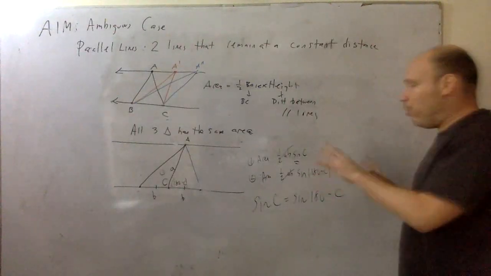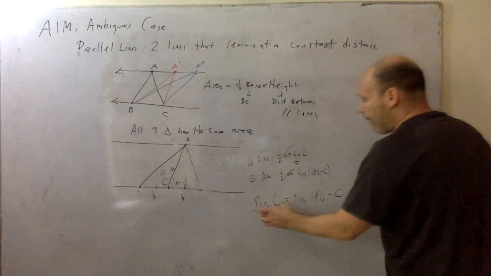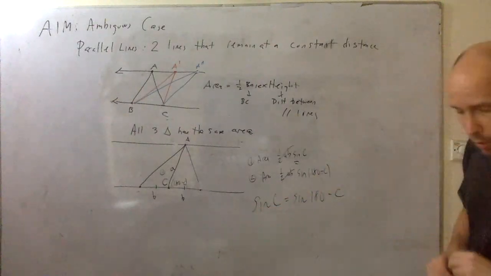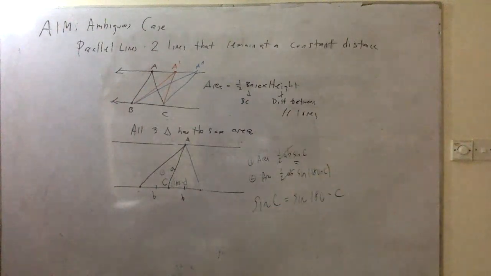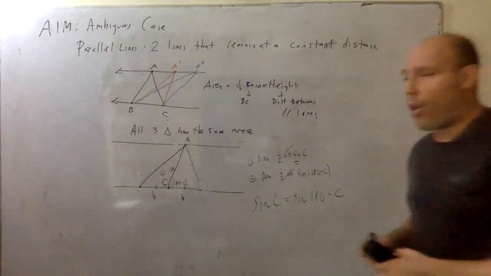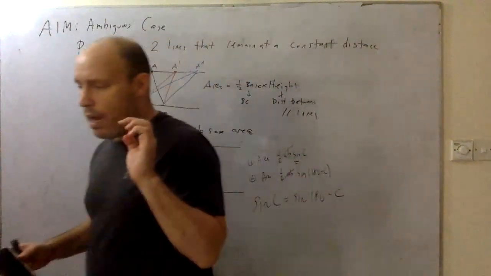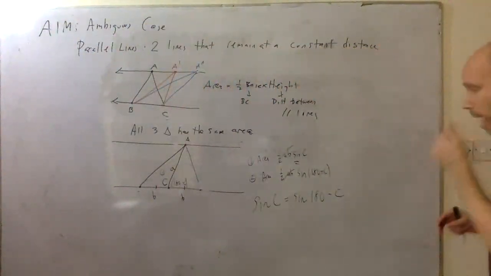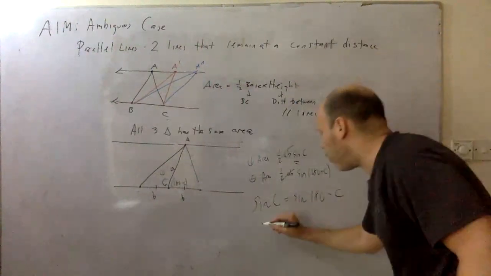But right now, you just need to know that the sine of an angle is equal to the sine of its supplement. Now, where does that show up? Well, it shows up in area problems and law of sines problems. First of all, you can check this out in your calculator. Do some examples.